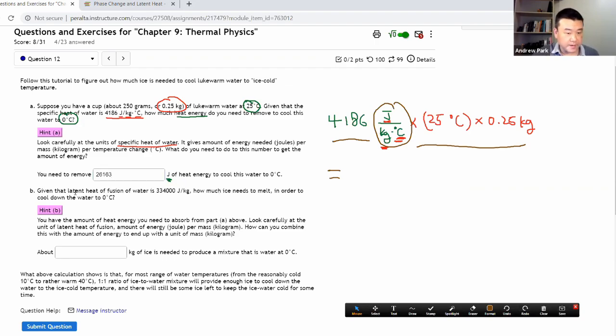Okay, and then it says, given that the latent heat of fusion of water is that, how much ice needs to melt in order to cool down the water to 0 degrees C? Oh, I see. It's something about mixing stuff. So once again, I follow the hint. It says you have the amount of heat energy needed.